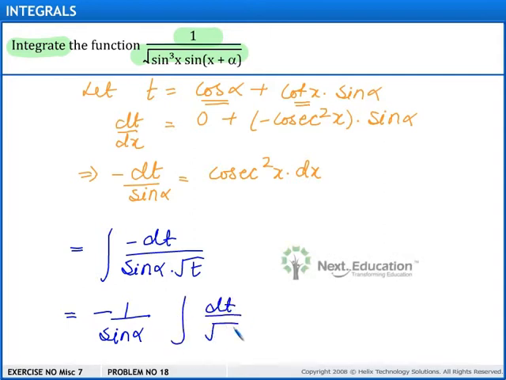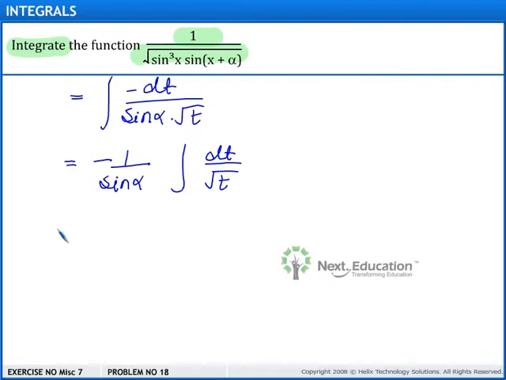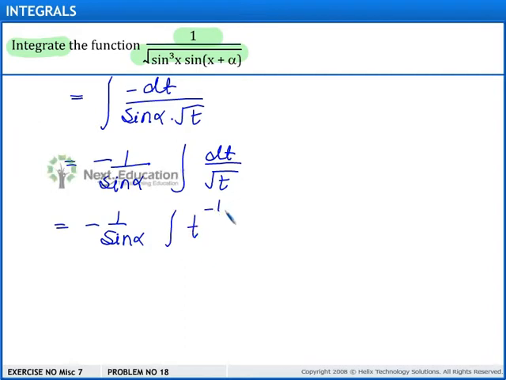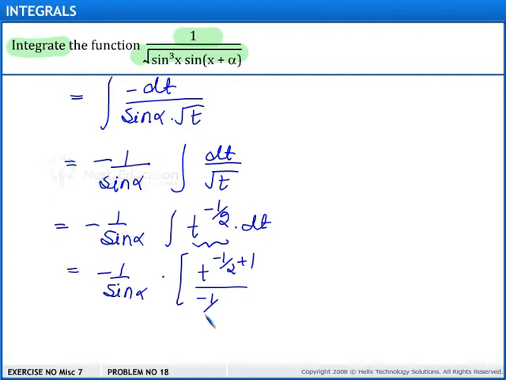So we have dt upon square root of t, that is minus 1 upon sine alpha integral of t raised to the power minus half into dt, which can be written as minus 1 upon sine alpha on integrating t raised to the power minus half, we get t raised to the power minus half plus 1 divided by minus half plus 1 plus the constant.